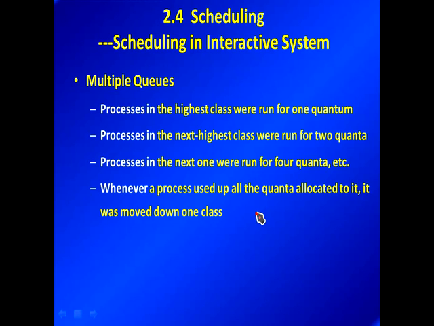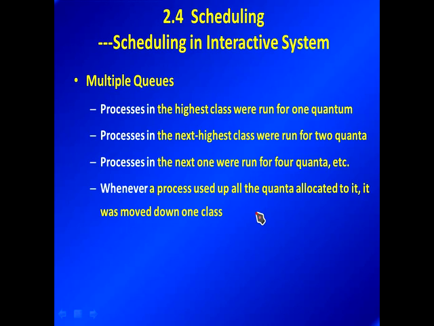Okay, so the first one is multiple queues. Here you can see the processes in the system are classified into multiple queues, multiple classes, in a way similar to modified priority scheduling. If you recall, in the first way to set a quantum, we group the processes in the system into 4 classes or even more.